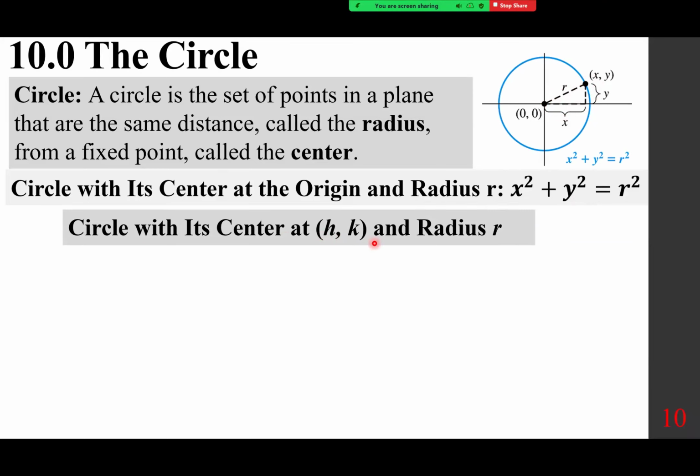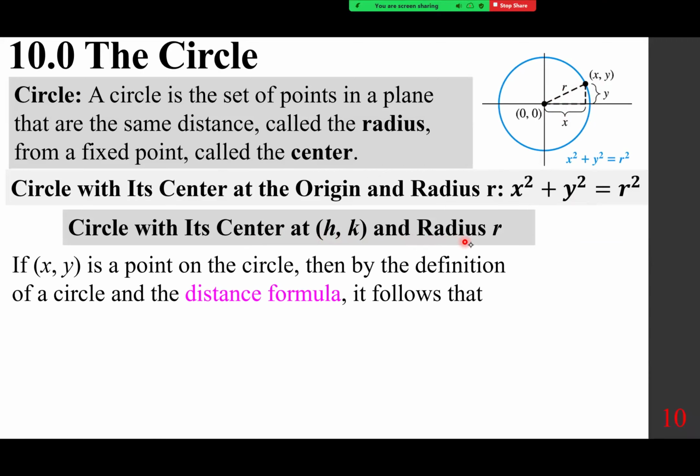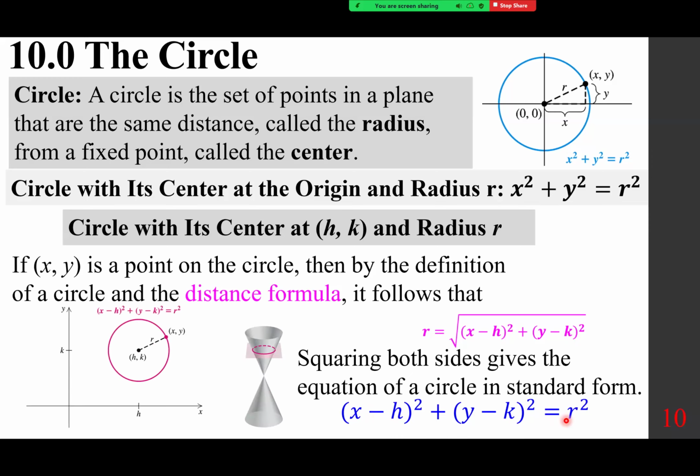A circle with its center at h, k and radius r has the formula x minus h quantity squared plus y minus k quantity squared equals r squared. If x and y is a point on the circle, then by the definition of a circle and the distance formula, it follows that r is the square root of x minus h quantity squared plus y minus k quantity squared, and squaring both sides tells us x minus h quantity squared plus y minus k quantity squared equals r squared.